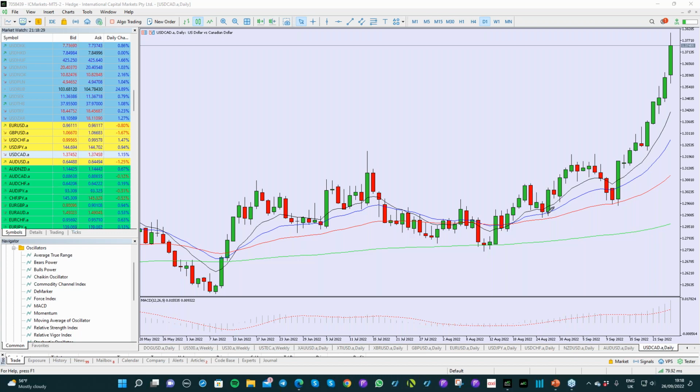I use the 10 and the 20 moving averages, not as an exact price, but as an area, a zone that I'm looking out for, where price potentially, if the trend is going to continue, could pull back to before moving off again in the direction of the trend.